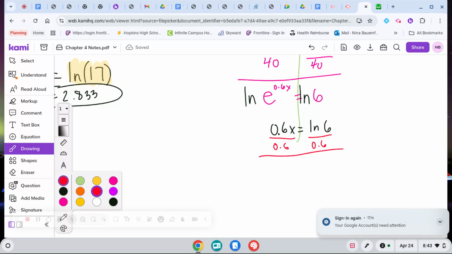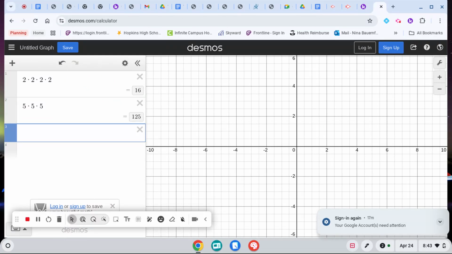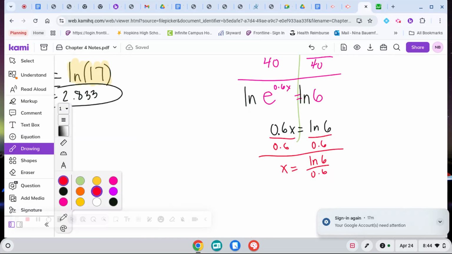So what you type into your calculator is natural log of 6 divided by 0.6. So we'll go natural log of 6 divided by 0.6. Whoopsie. And we get 2.986 if we round to the nearest thousandth.